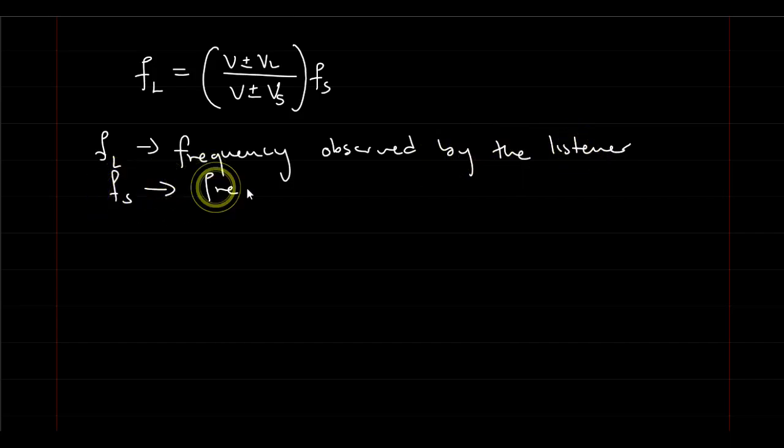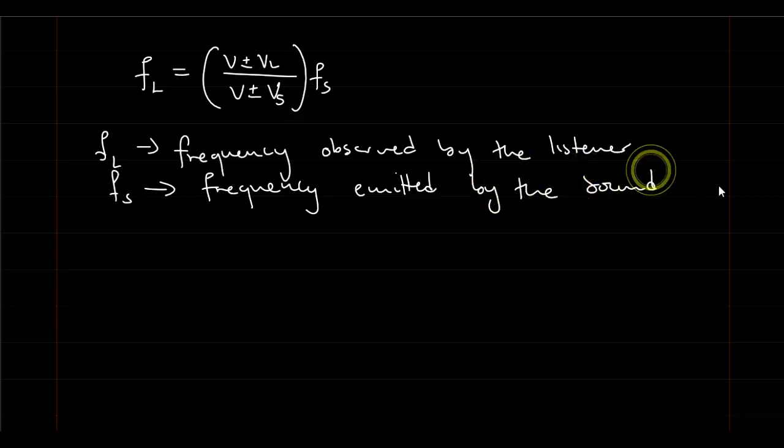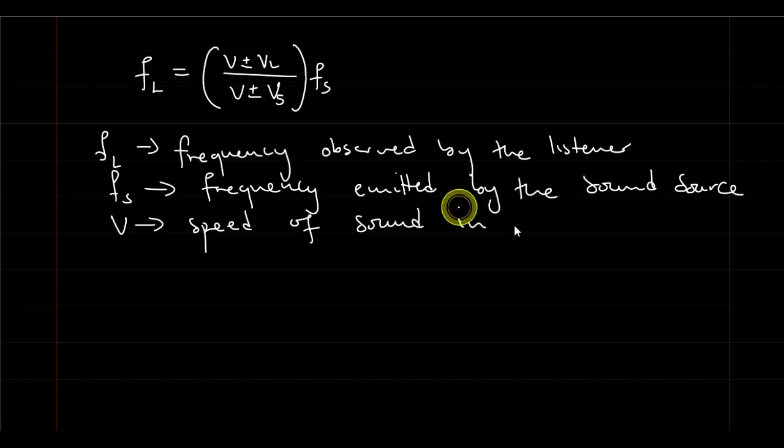FS is the frequency emitted by the sound source. It's actually the frequency of a wave emitted by the sound source. And then V is the speed of sound in a respective medium.